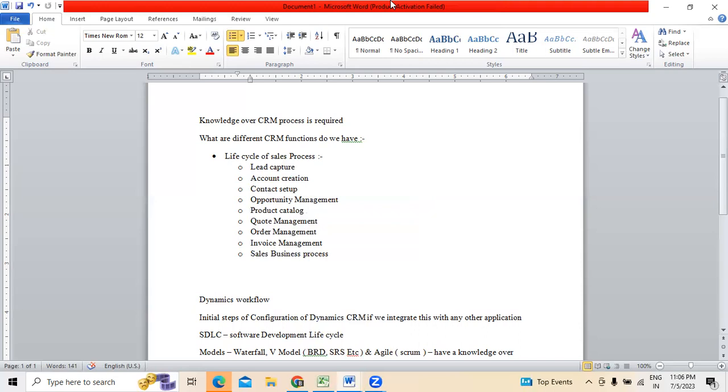Once the product is manufactured, what do they have to do? They have to sell this to the market. If they want to sell, first of all, they have to identify where exactly the requirement is, who their targeted customers are, how to understand the requirement of the industry, and what kind of sales business process we require to follow to sell our product.